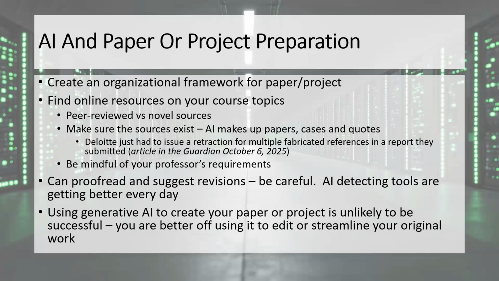You can use the AI to proofread and suggest revisions, but you want to be careful how you do it. You definitely do not want to just feed your paper or project into the AI and just go with the proofreading and revisions. Also, AI detecting tools are getting better every day.